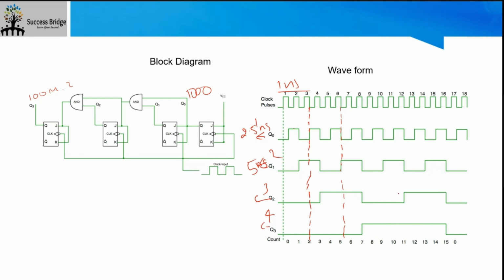Again, this is somewhere here in 12 clock pulses, 12 nanoseconds.